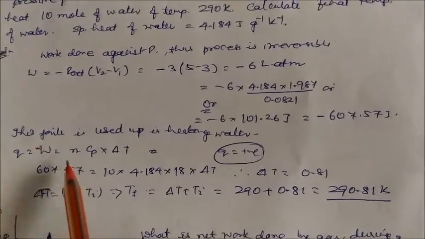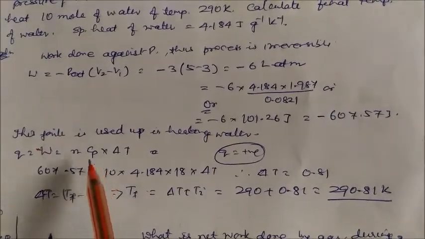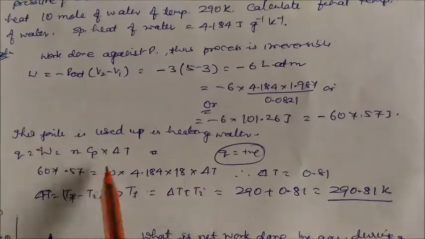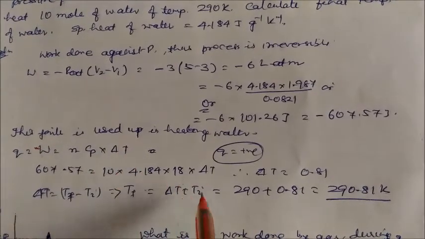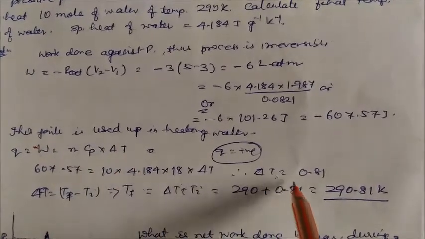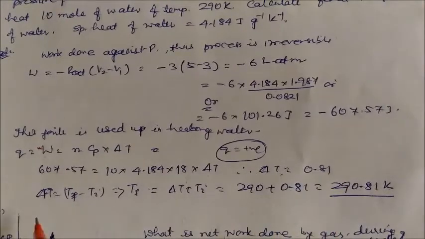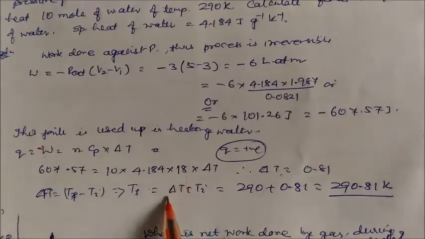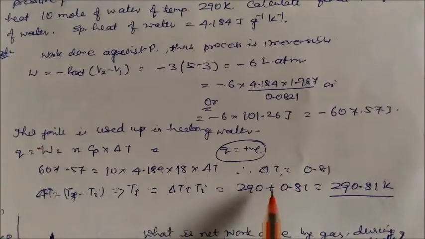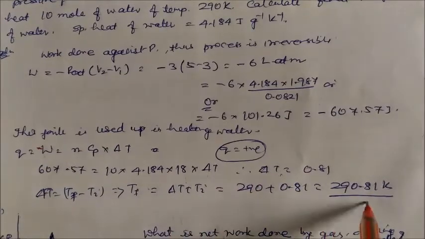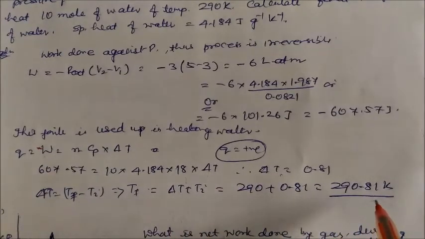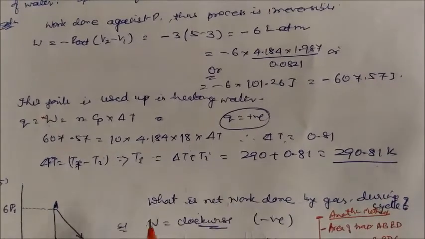Q will be this much, n will be 10 moles, 10 into 18, Cp is 4.184, and delta T we have to find out. Delta T will ultimately come out to 0.81. Delta T is Tf minus Ti, so Tf will be delta T plus Ti, where Ti is 290. If you add it, you will get the final temperature 290 plus 0.81 Kelvin.